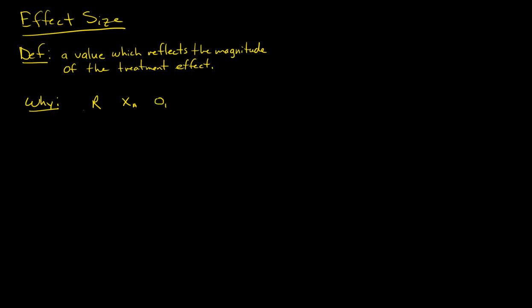Then we randomly assigned another group to get drug B, so that's X sub B, and observed their blood clotting times. For consistency, let's say we had n equals 10 in the first group, and a separate group of 10 individuals, not the same individuals, getting drug B.